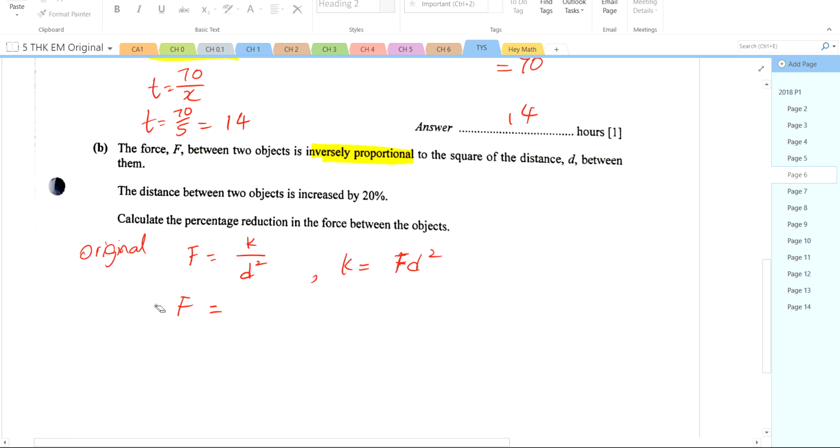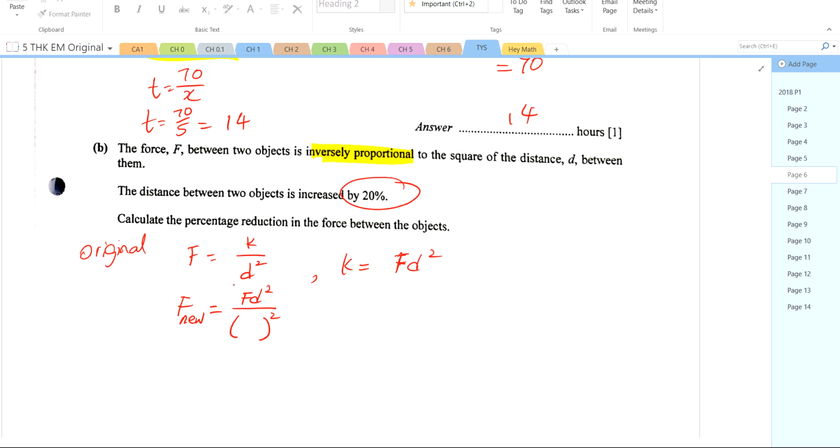F new equals F d squared over, now the distance I am supposed to square it. Now it is the new distance. What is the new distance? Increased by 20%. So original was d. What is the new one? We increase by 20%, what do you get? 120% of d. How much is it in decimal?